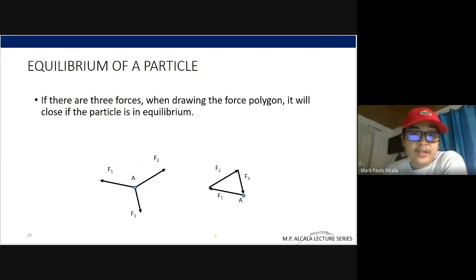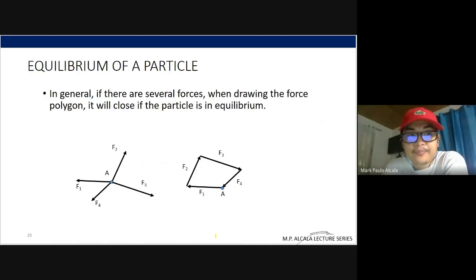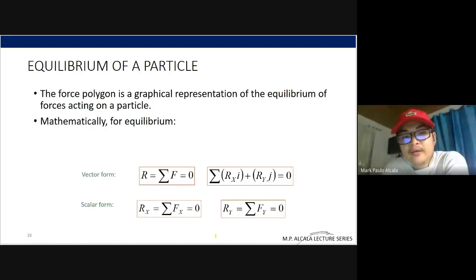If there are three forces that can be closed into a closed polygon, that will be in equilibrium, just like in this case for particle A. Also, if there are several forces, more than 2 or 3. So mathematically, in vector form, the sum of the resultant force is equal to 0, and likewise in the scalar form.